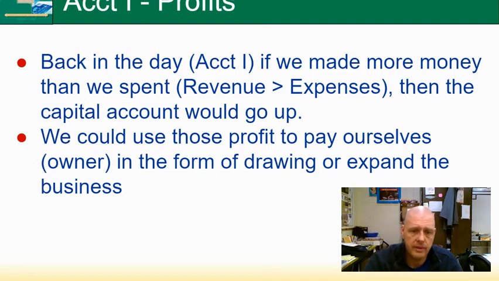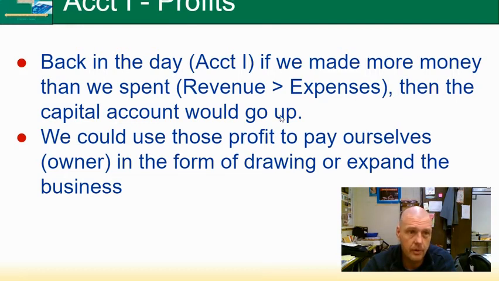So as we tie into what we're going to start with here, back in the day, or in accounting one, if we made more money than we spent, which was revenue bigger than expenses, that additional profit would end up in the capital account. Right?